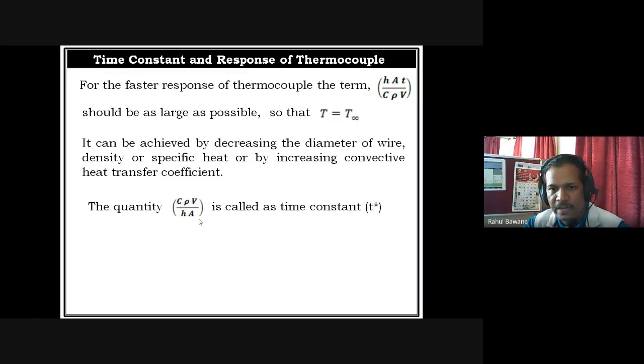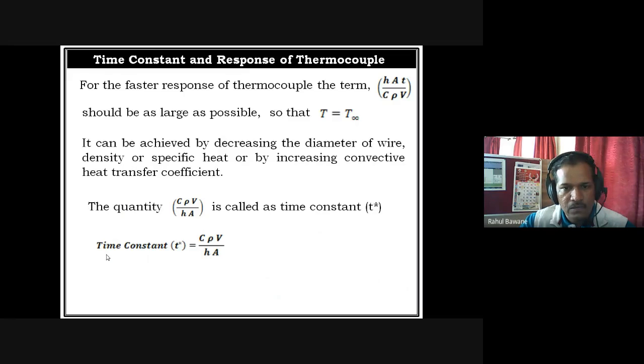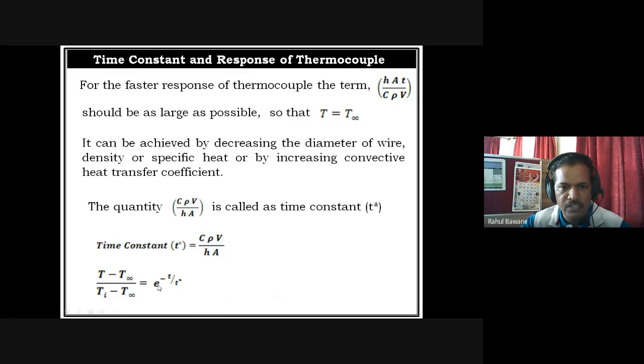Now the time constant T star is C rho V upon hA. So our temperature distribution equation in lump heat capacity analysis will be T minus T infinity upon Ti minus T infinity is equal to e raised to the power minus t upon T star.